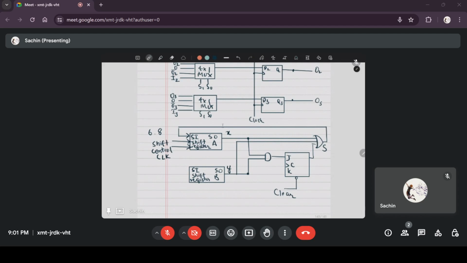Sum is X XOR Y XOR the output of the JK flip flop. K is the NOR of X and Y.